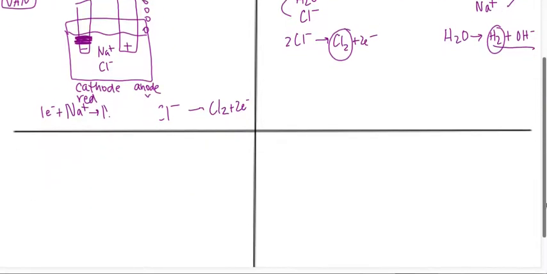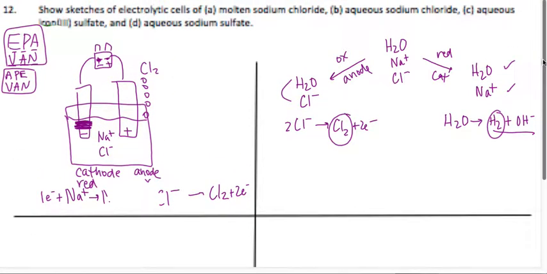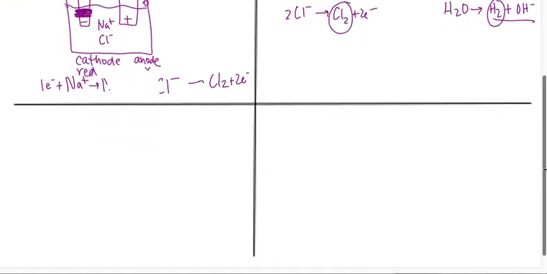All right, let's do our last 2 examples of this, and we'll get on to the fun physics stuff. All right, aqueous iron 3 sulfate. So we've got aqueous iron 3 sulfate. What's in it? We can do this quickly now. Water and iron 3 and sulfate. So reduction at the cathode.